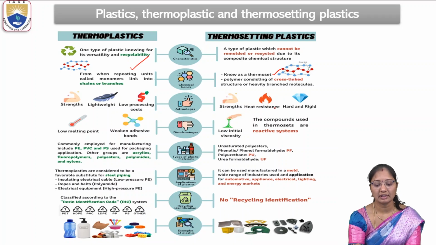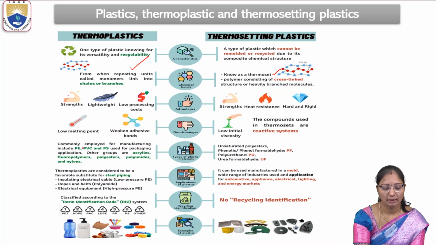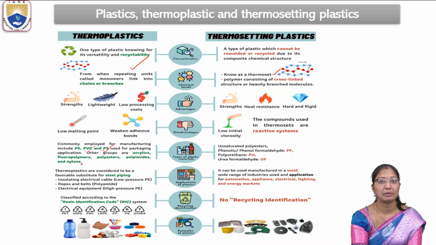Whereas in thermosettings, strength, high heat resistance, hardness and rigidity, and low initial viscosity are the advantages of these thermosetting plastics. The compounds used in thermosets are reactive systems. Commonly employed thermoplastics are PVC, polyethylene and polystyrene, used for packaging applications.